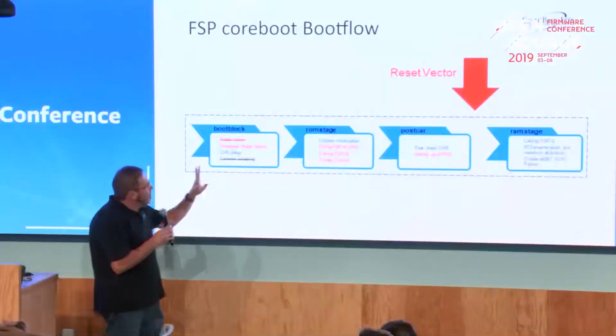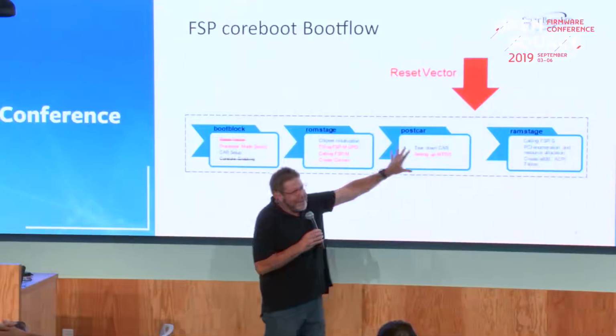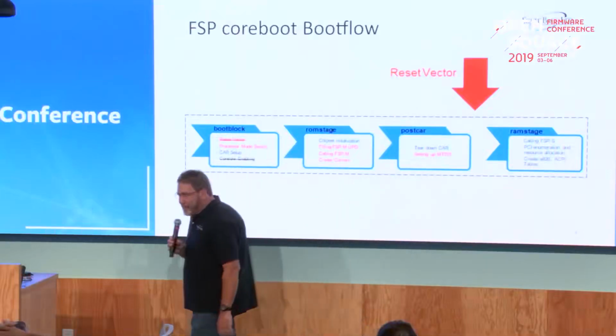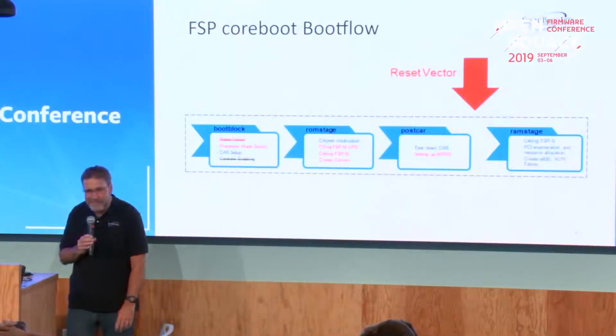Well, there is no cache as RAM to tear down, and there's nothing to copy. So we ended up sort of pushing these three stages together into something we called the hybrid ROM stage.